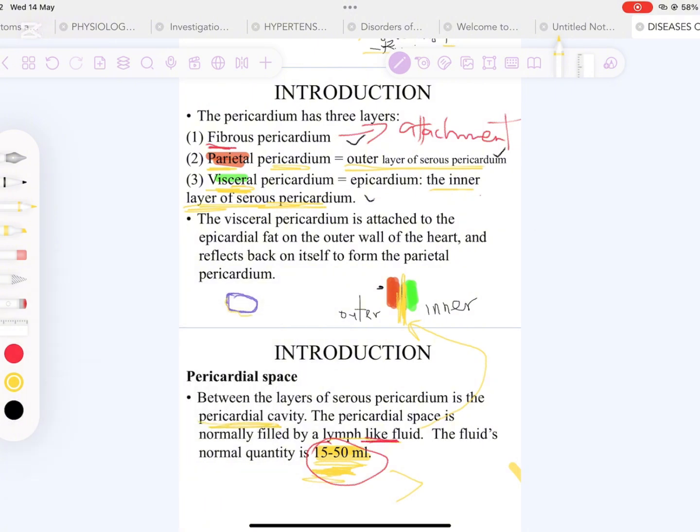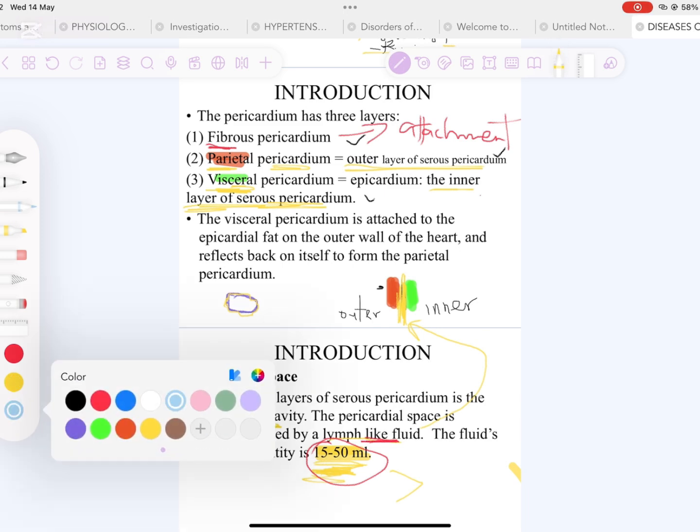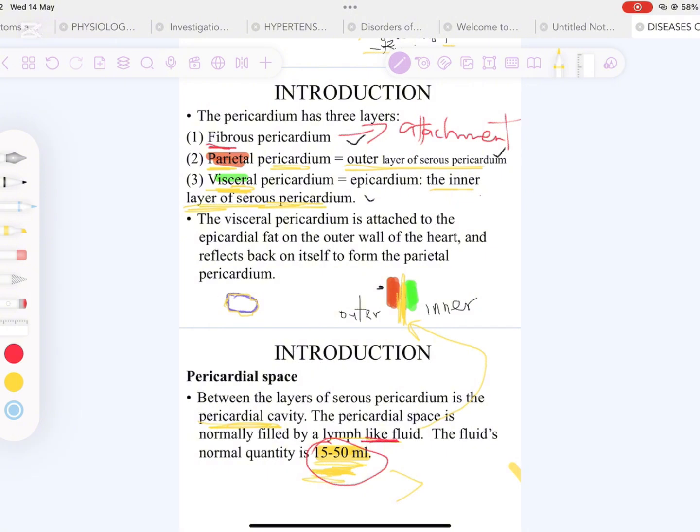Then let's represent the nylon with a light blue color. You wrap the blue film around it the first time, so we just covered the visceral. Then you continue with another layer of the nylon and wrap it around again. So this is the parietal. In between the visceral and the parietal is where we have our lymph-like fluid. That is the pericardial cavity.